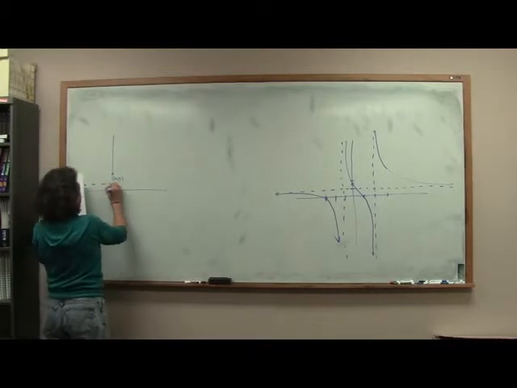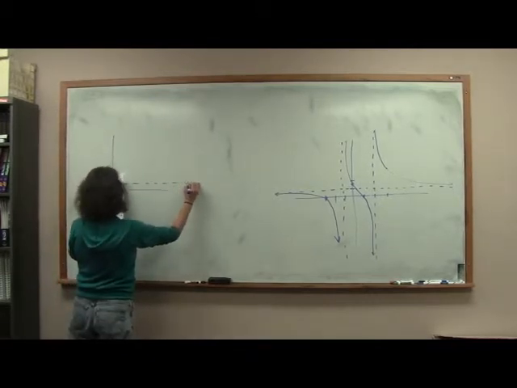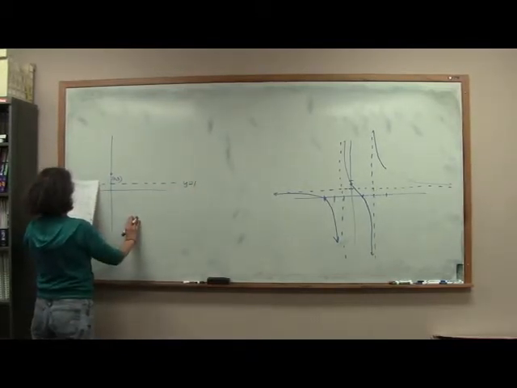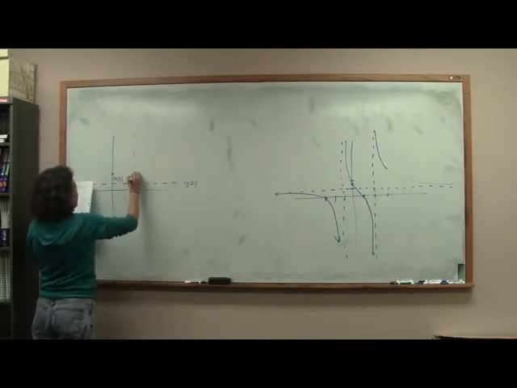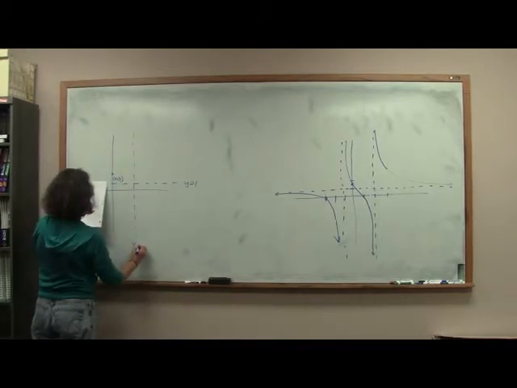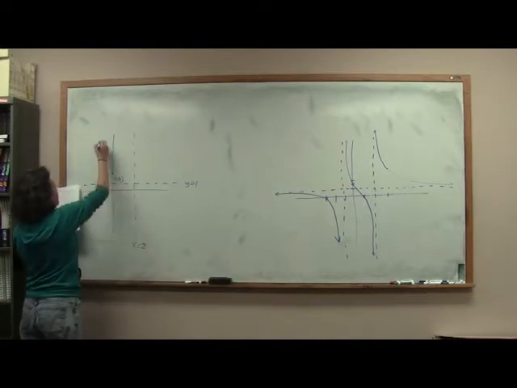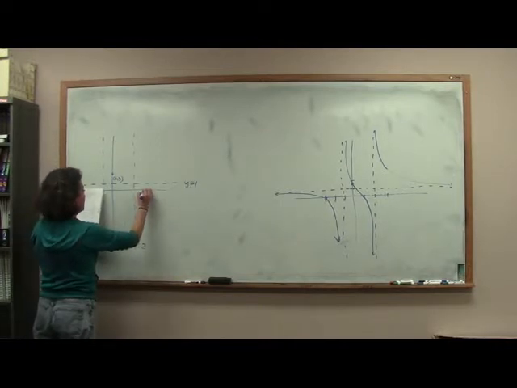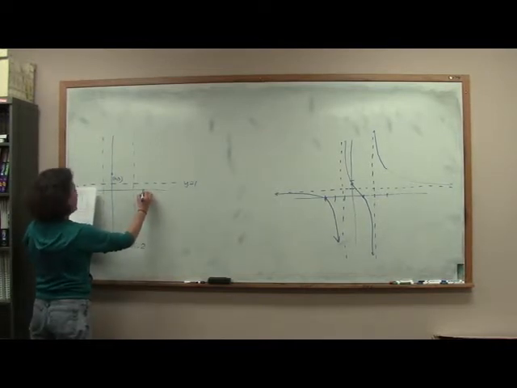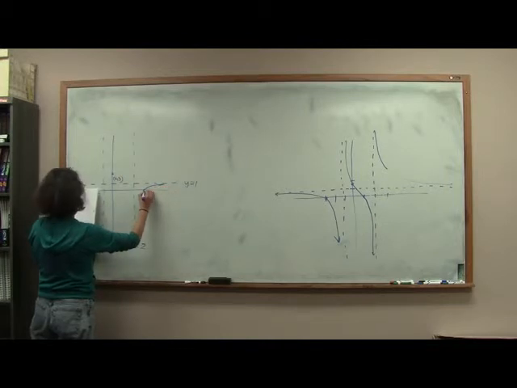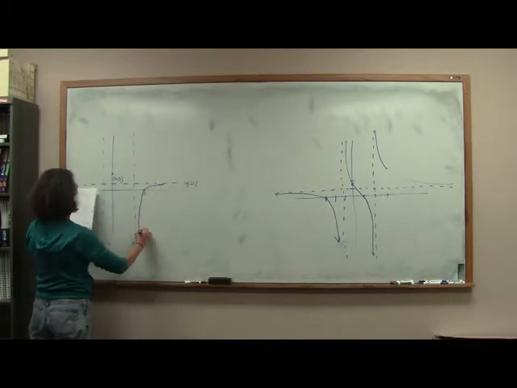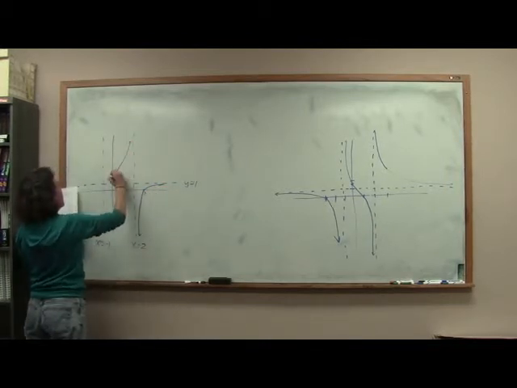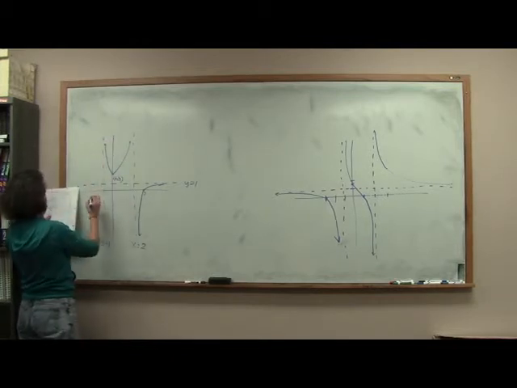And I have a horizontal asymptote at y equals 1. I'm going to also have a vertical asymptote at x equals 2, another vertical asymptote at x equals -1, and then it's going to go through this point 3. Here we'll shoot up both places, and it's also going to go through -2.